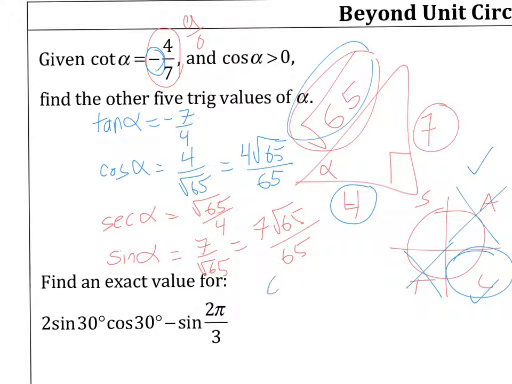And to go with that, finally, cosecant of alpha is going to be root 65 over 7, flipping my sine value. Both sine and cosecant should be negative because we're down in the fourth quadrant.